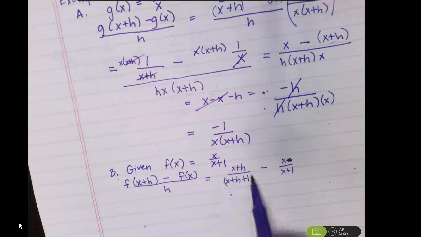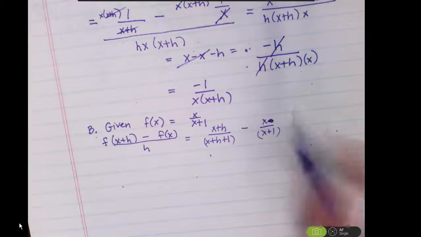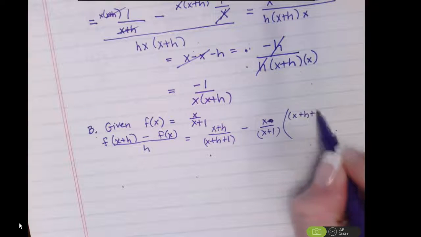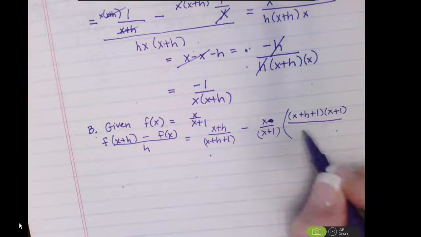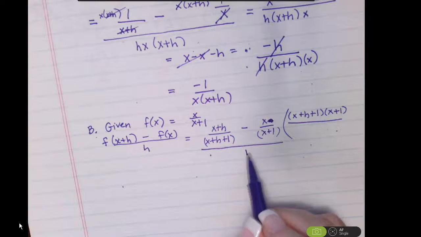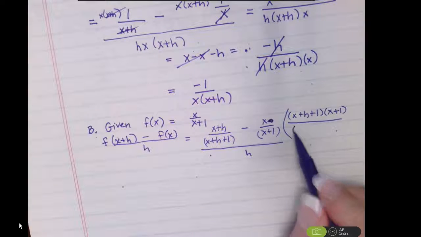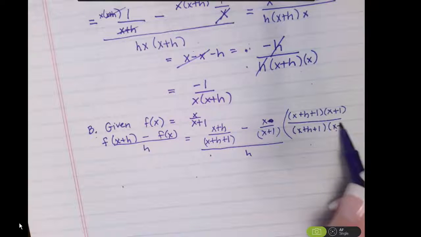The way I find a common denominator with a rational function is I just combine and multiply both of the denominators. So I'm going to multiply everything by x plus h plus 1 times x plus 1, and all of this is over h, by the way. Then all of that over x plus h plus 1 times x plus 1.